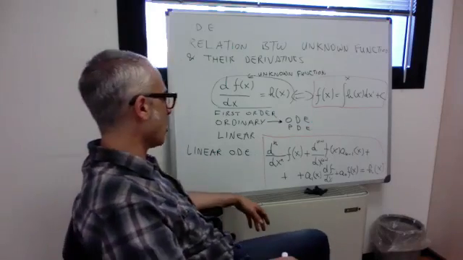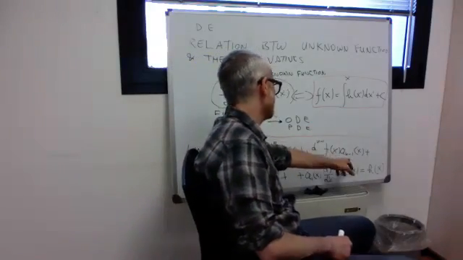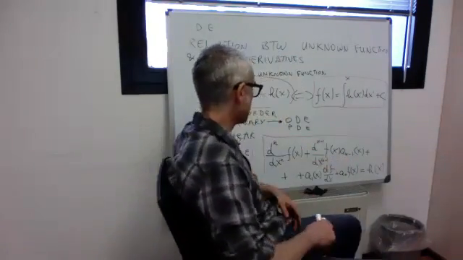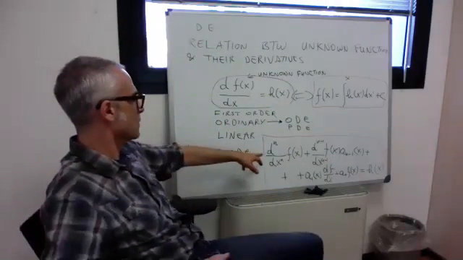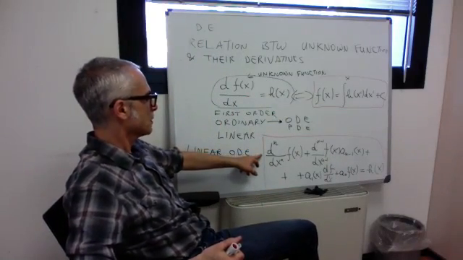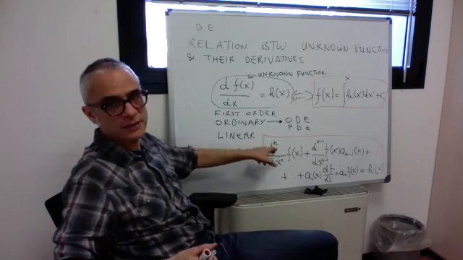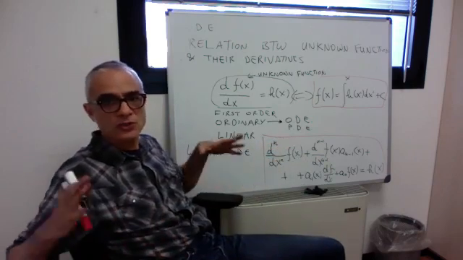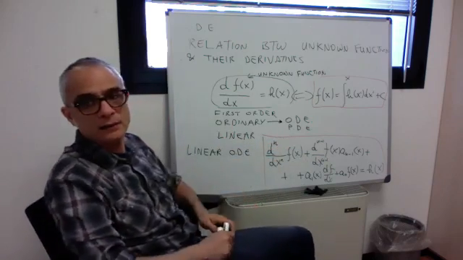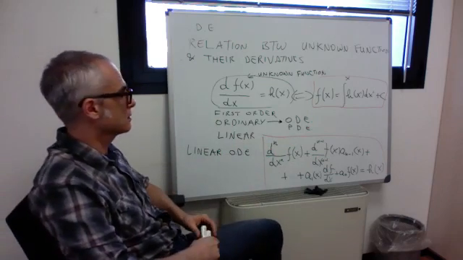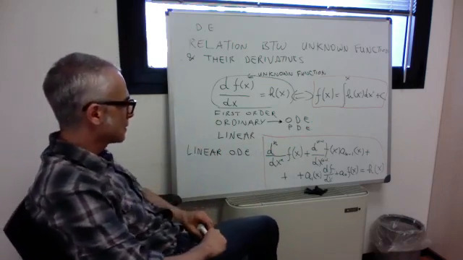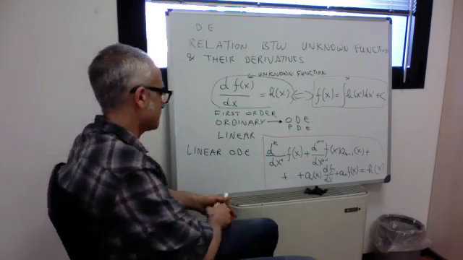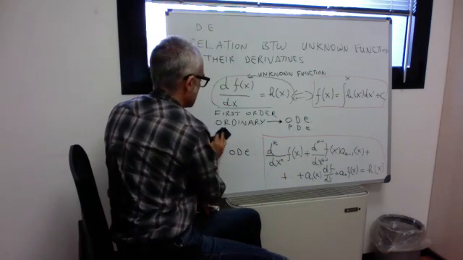We only have n rather than n plus 1 independent coefficients, because if there was another coefficient in front of the nth derivative, we could divide everything by it, and we would be back to this form, which has one less degree of freedom. So I would say this is the most general expression for a linear ODE.